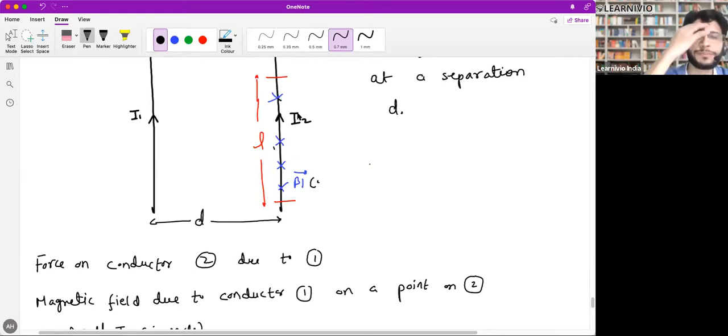Nazira, just try. Take your right hand, place your fingers in the upwards direction, in the direction of current, and then curl them in the inverse direction. Your thumb will point to the left hand side. Are you getting the left hand side direction?